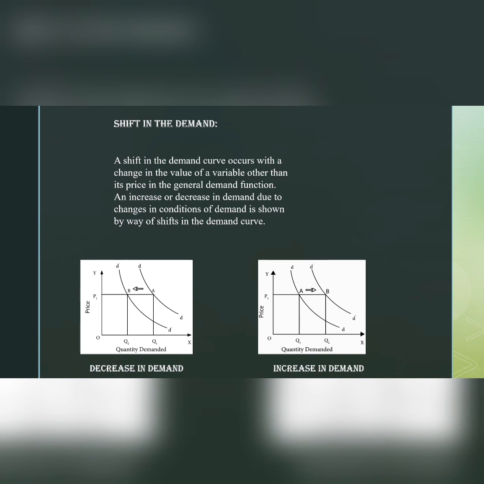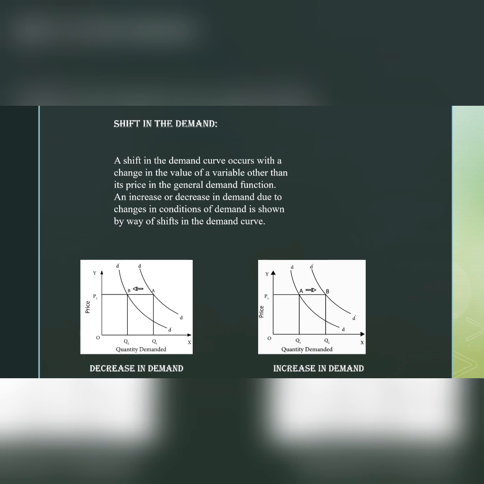Due to a change in the conditions of demand, such as change in income, taste, or changes in the price of substitutes or other things, the quantity demanded decreases from OQ1 to OQ2. This is shown by the demand curve shifting to the left. The new demand curve is D1D1. This is called decreasing demand.